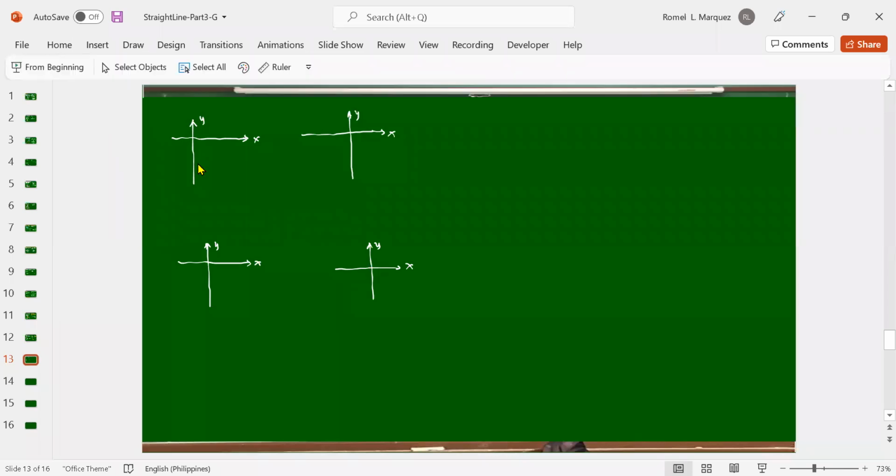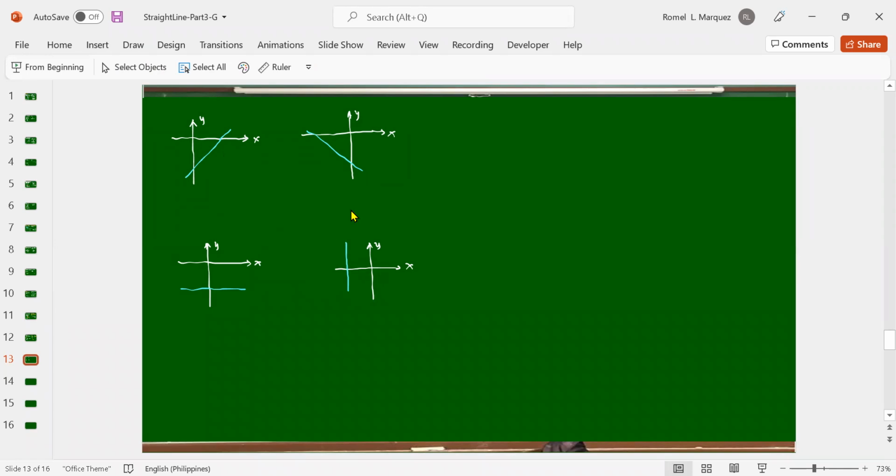So if I have a case like this, this, and one that is vertical but to the left of the y-axis.